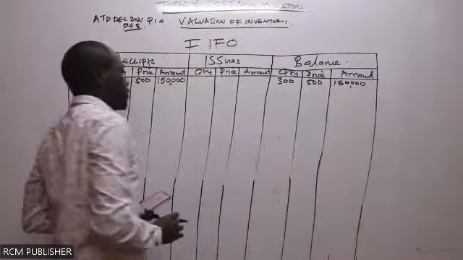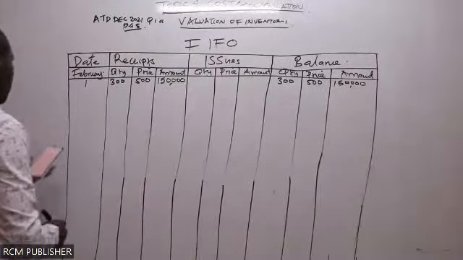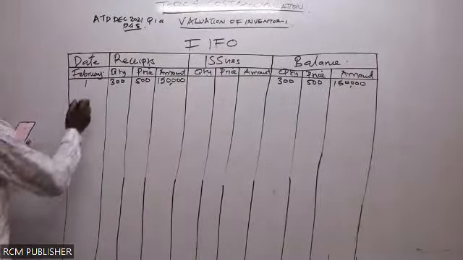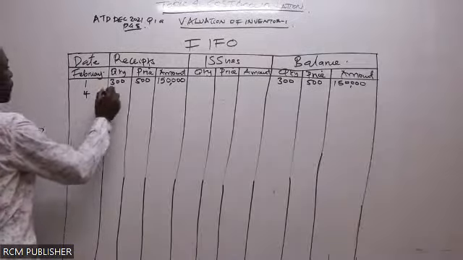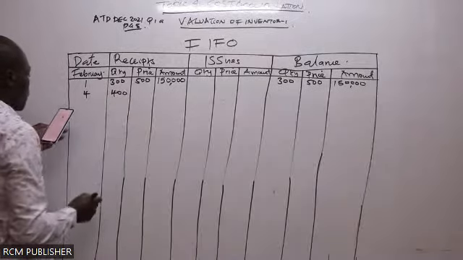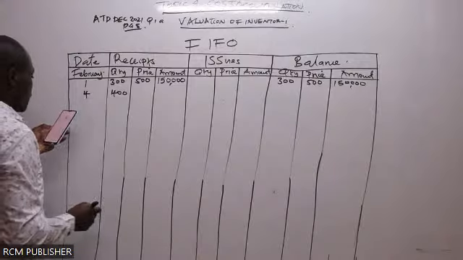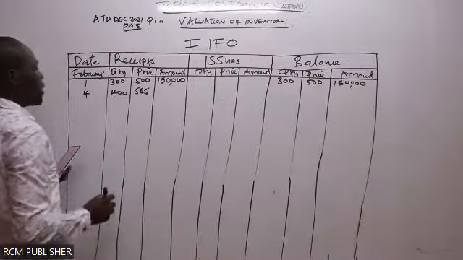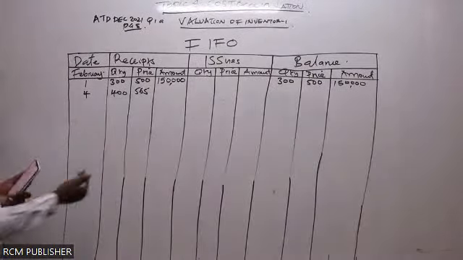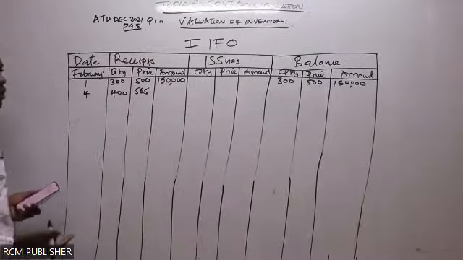The other ones we are not going to indicate, and I will tell you the reason why we don't indicate the prices at this point. Then on the 4th, the next date, we are told they received goods. How many units? 400 units at 565.